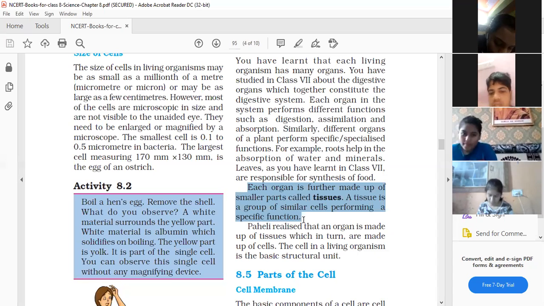If tissues combine, they form an organ, and different organs combine to form an organ system. So children, in this way the cell is the basic part of our body and it performs the basic functions. The rest, the parts of a cell, we'll discuss tomorrow.